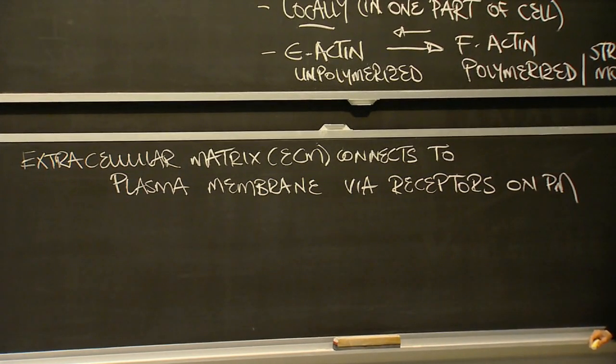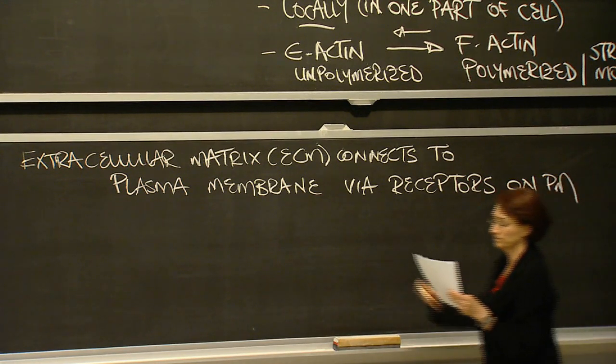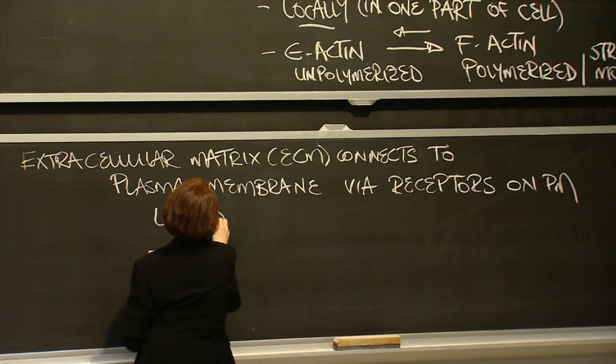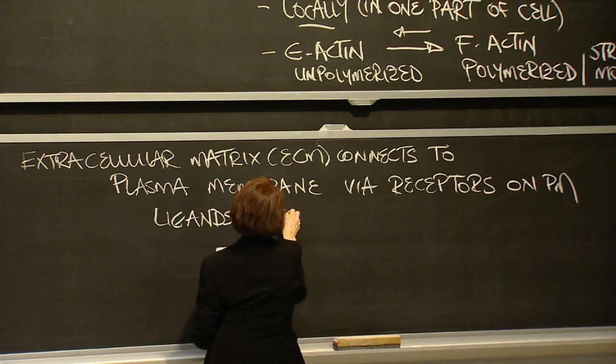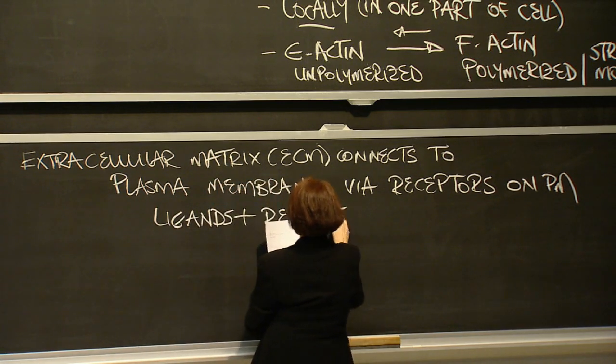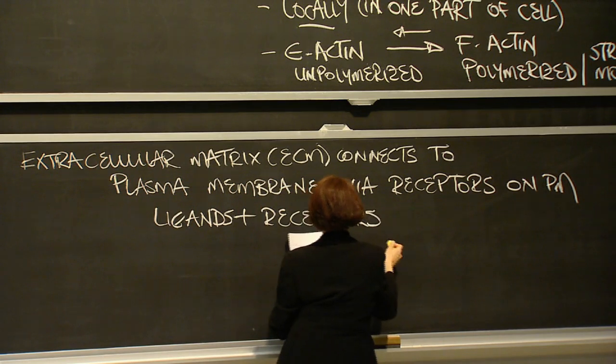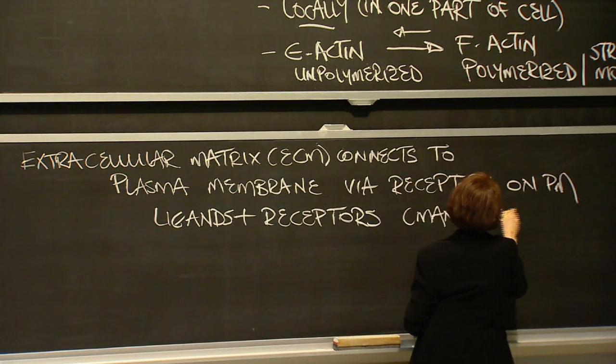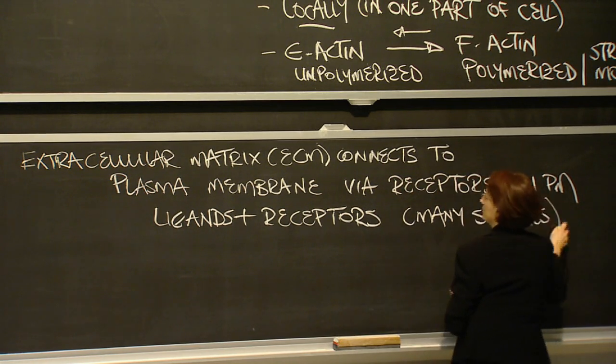When ligands bind these receptors, you know what happens now. Signal transduction is activated. So the ligands plus the receptors. And there are many different signaling pathways that can be involved.